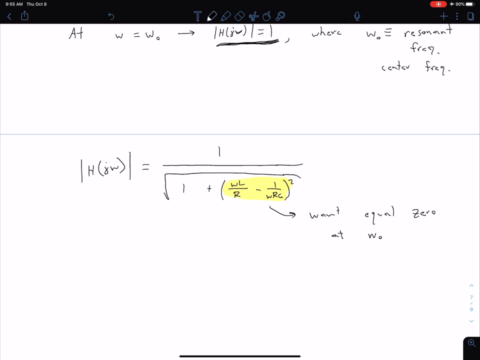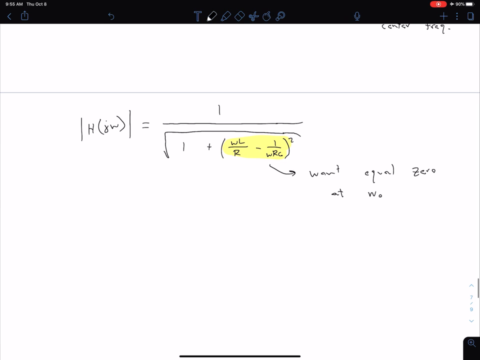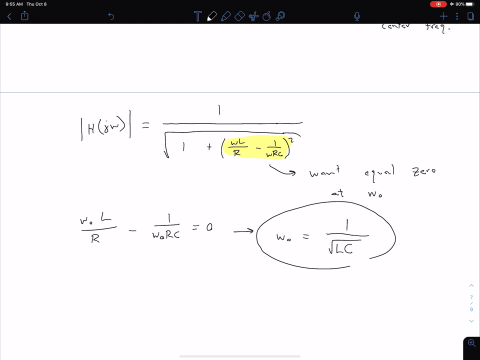At that frequency, which is omega naught, we have omega naught L over R minus 1 over omega naught RC is equal to 0. If we solve for our resonant frequency, it will come out to 1 over the square root of LC.